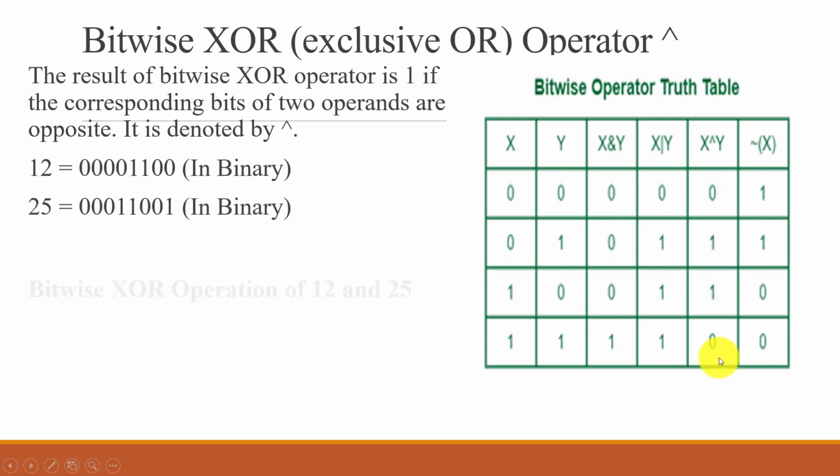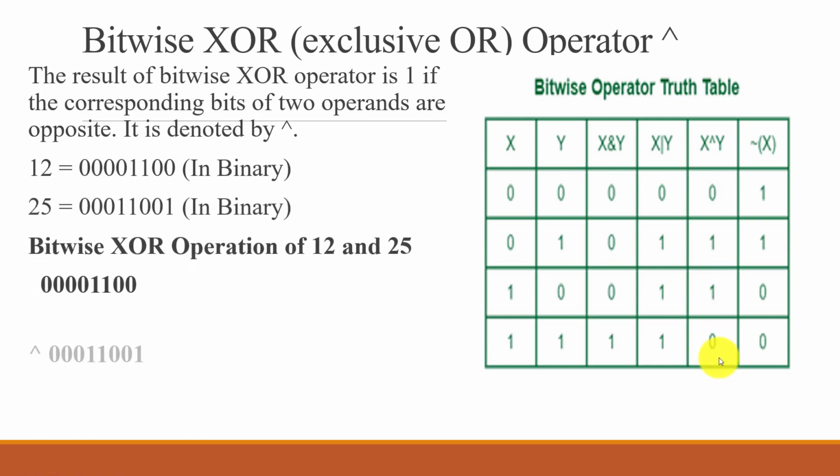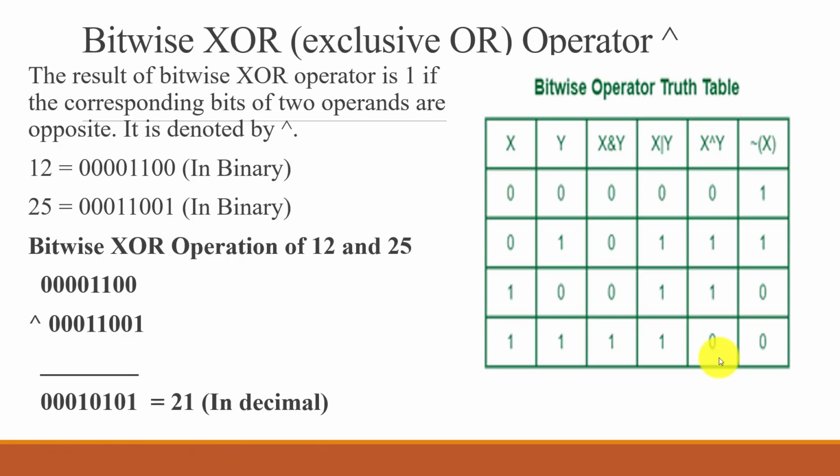Let's understand this with one example. If we perform the XOR operation on 12 and 25, we get the result 1 0 1 0 1, because if we have 0 and 0, we get 0, and if we have opposite operands, we always get 1. So we get the decimal answer 21.